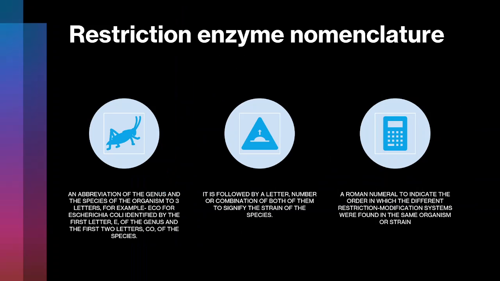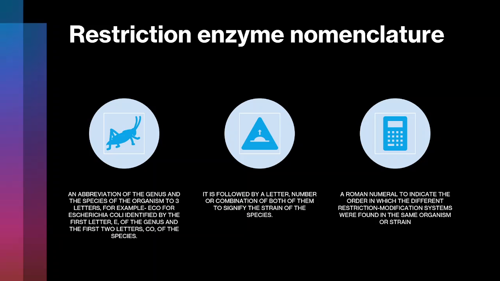And restriction enzyme nomenclature. Restriction enzymes are named with a specific set of rules, which is called the nomenclature, and the name is an abbreviation of the genus and the species of the organism to three letters.